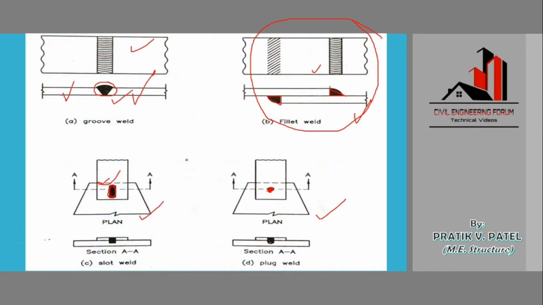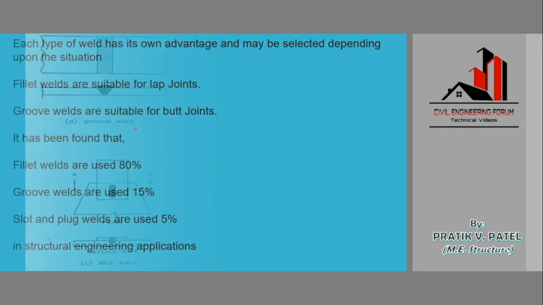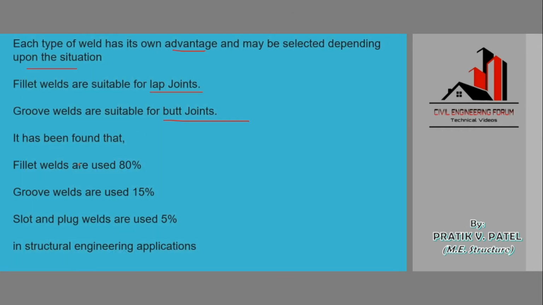This type of weld, that is groove weld, is most preferably used in butt joint. Then it is found that fillet welds are used 80% in the steel structure design, groove welds are used 15% in the steel structure design, while slot and plug welds are also used about 5% in structural engineering applications. So we can say that most commonly fillet welds are used, that is about 80%.